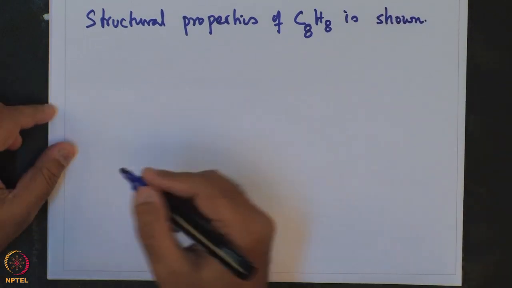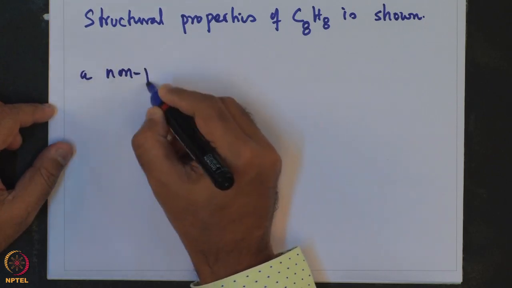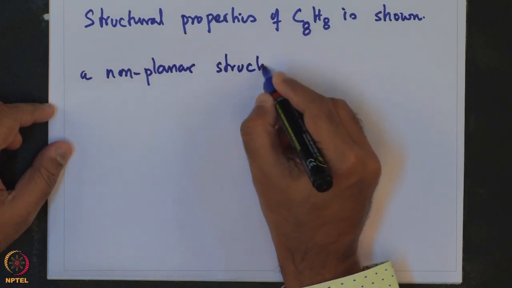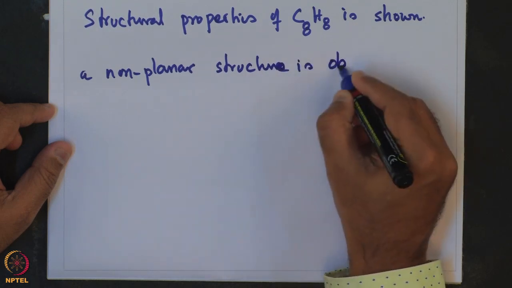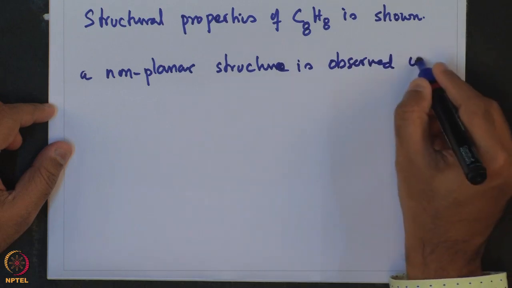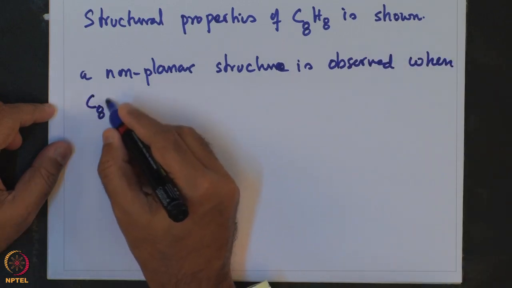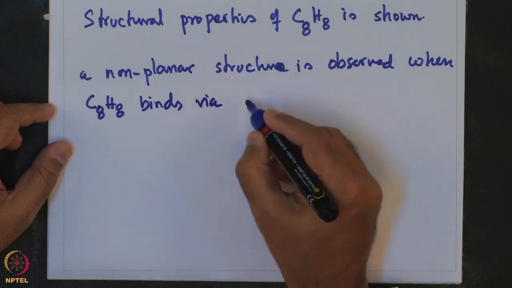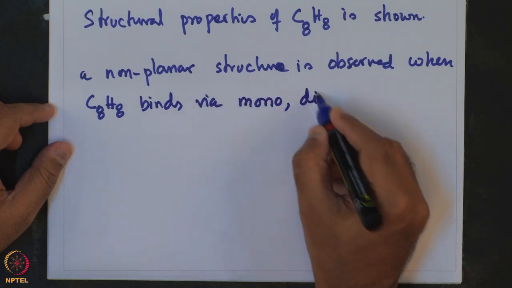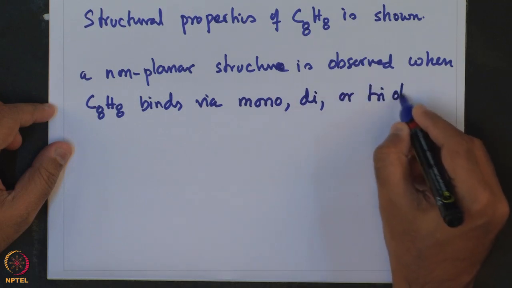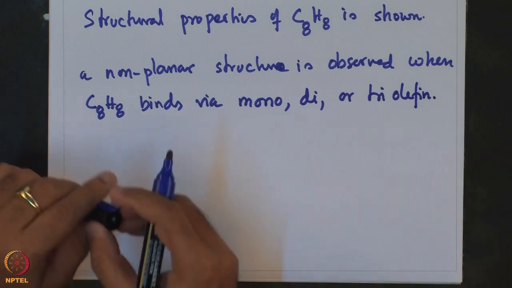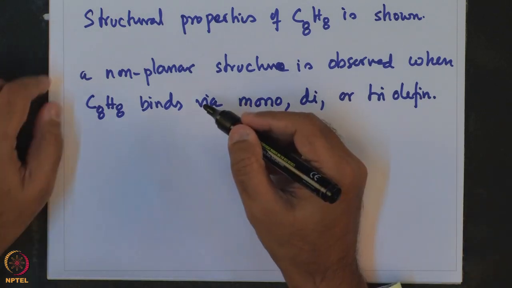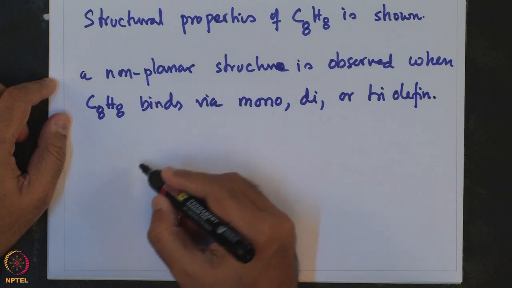A non-planar structure is observed when C8H8 binds via mono, di or tri olefin, and this is illustrated in the example shown over here.